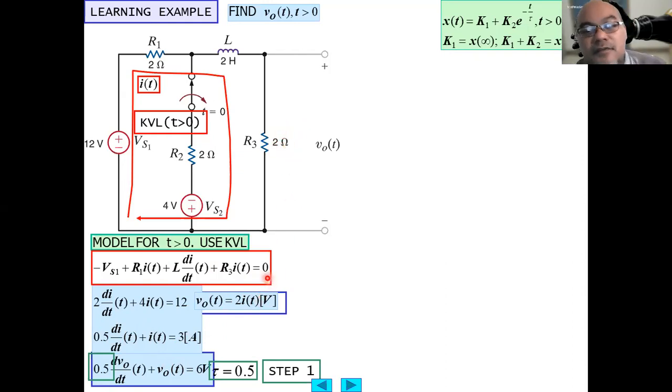Since V output equals 2 times i(t), we can replace i with V output: 0.5 dVout/dt plus Vout equals 6 volt. The 6 volt comes from 3 times 2, which equals 6 volt.